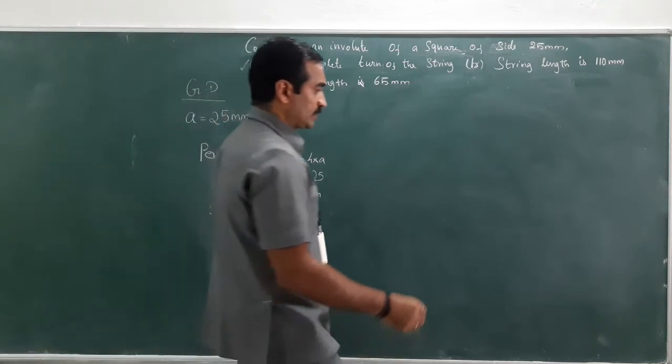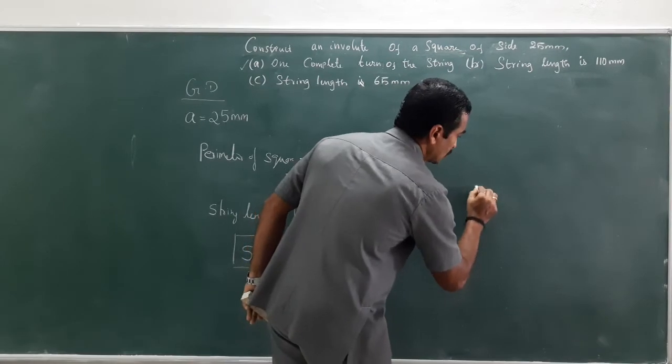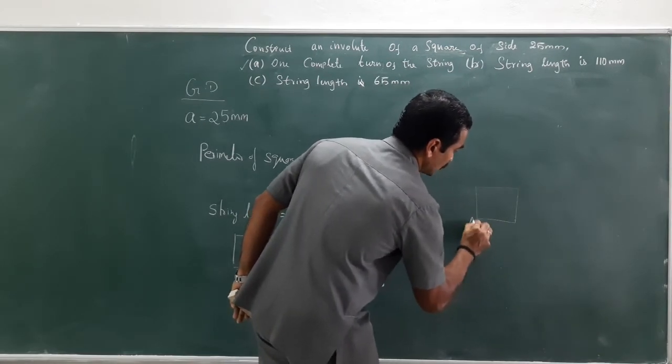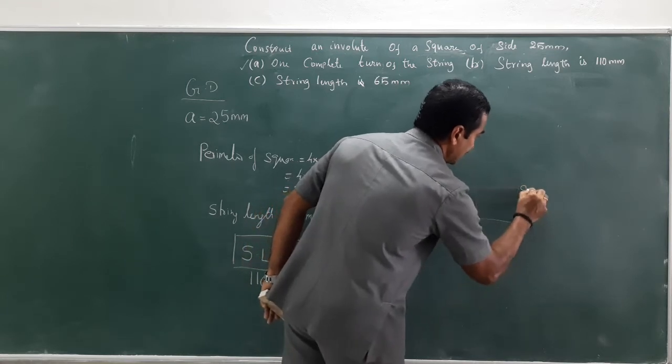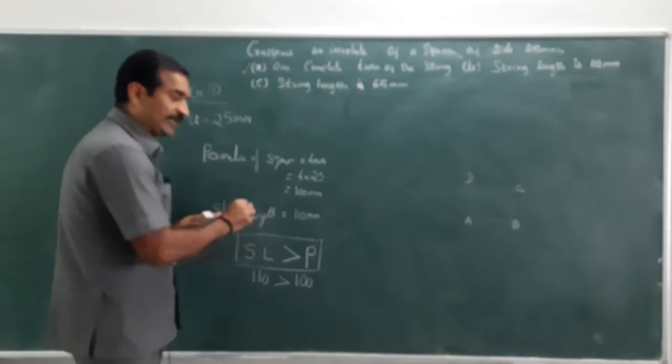So I'll teach you how to construct this condition. First, draw the square as usual for the first condition: A, B, C, D. Now take the string length.